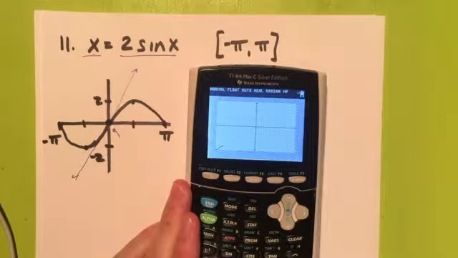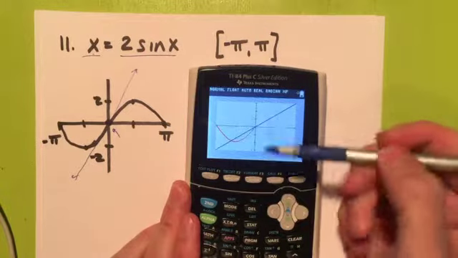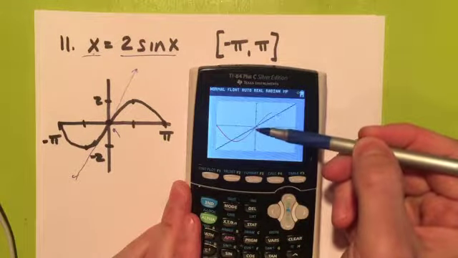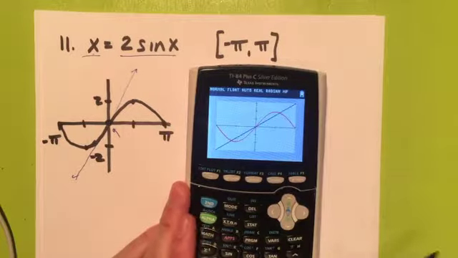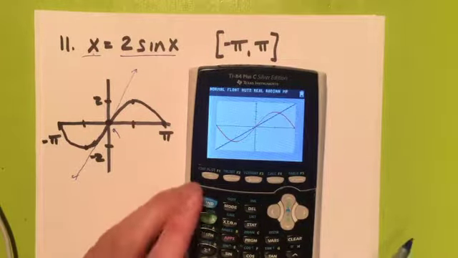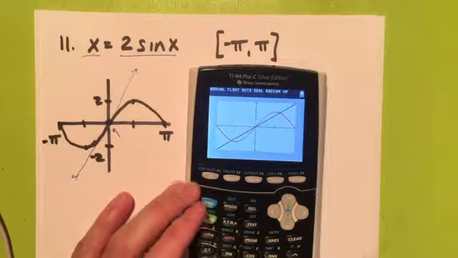If we go to our graph, there's x. There's 2 sine of x. There's one solution, 2 solutions we could probably guess at being 0, 3 solutions. So there's 3 different places to look. If we're going to approximate these solutions, we need to find the intersection points.